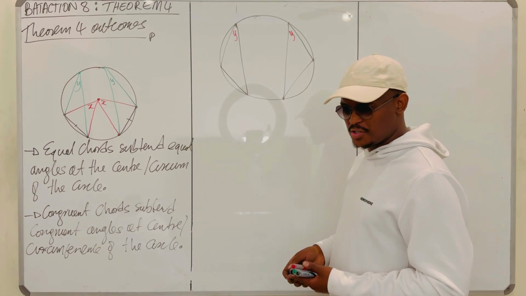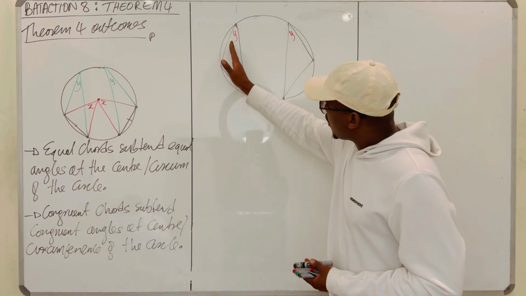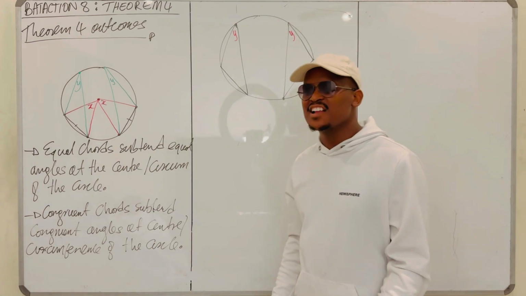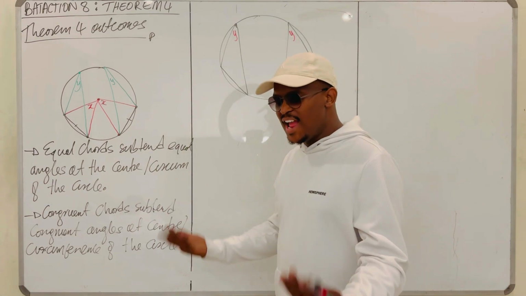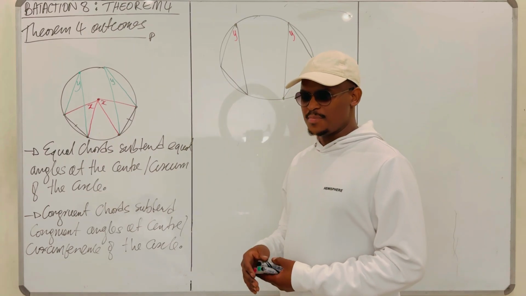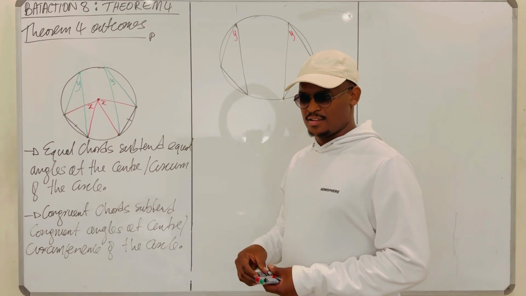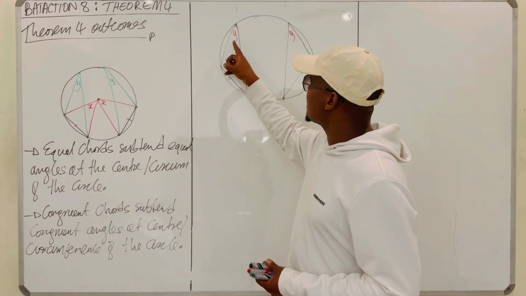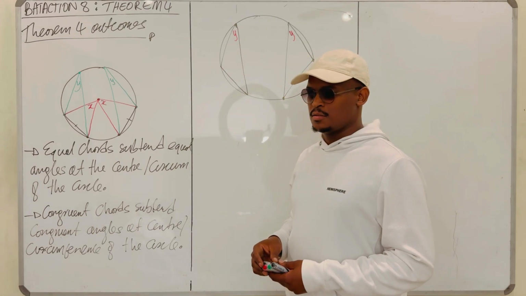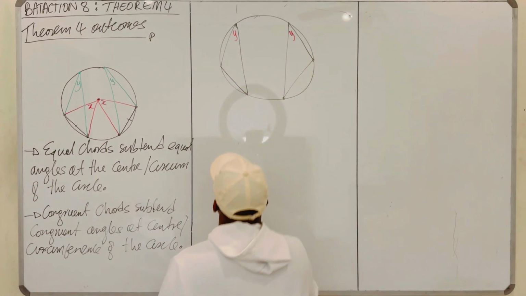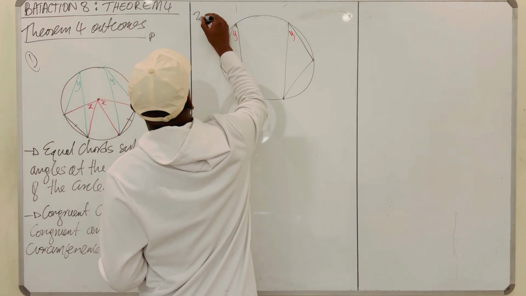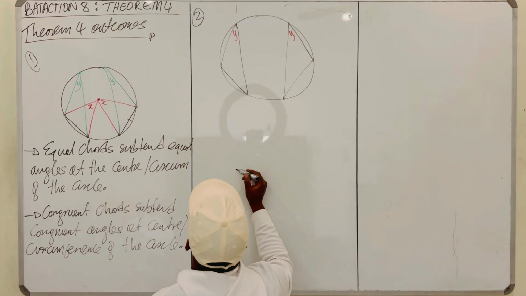So, equal angles are subtended by equal chords. Does that sound nicer? Equal angles are subtended by equal chords. So this is outcome number 1, this is outcome number 2. Let's go to the next outcome.